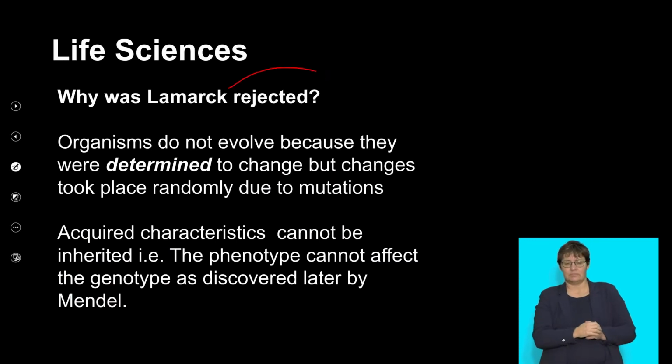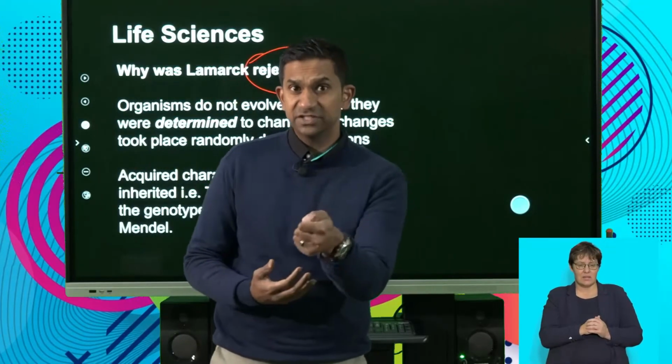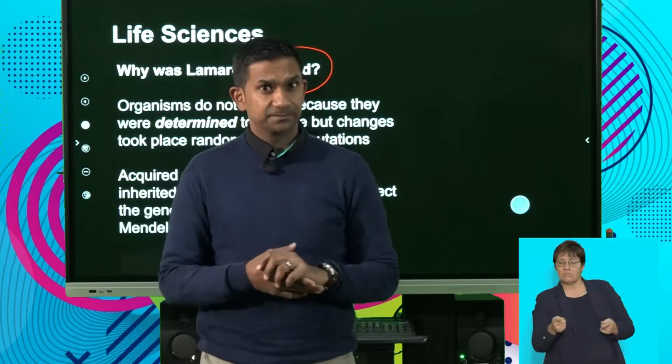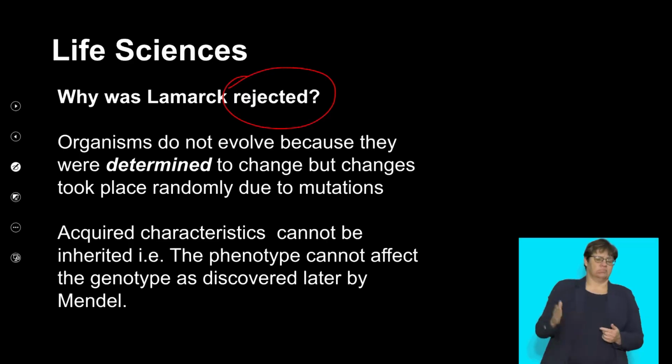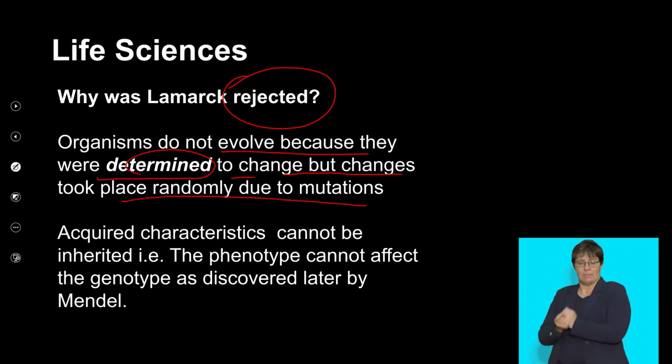So again, why was his theory rejected? The concept of rejection is based on not enough evidence supporting what he hypothesized. So we need to unpack why it is rejected. Organisms do not evolve because they were determined to change, but by changes that take place randomly due to mutations.